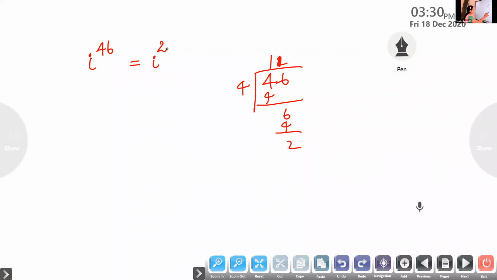We need only the remainder, because the quotient will become powers of 4, which give 1. Only the remainder decides the value. Is it okay, Achyut? And what is i square? It is minus 1.